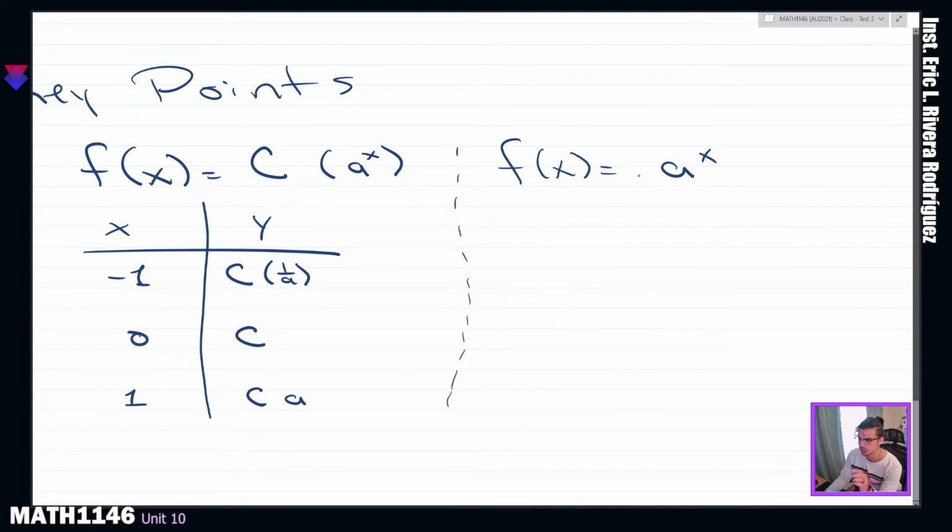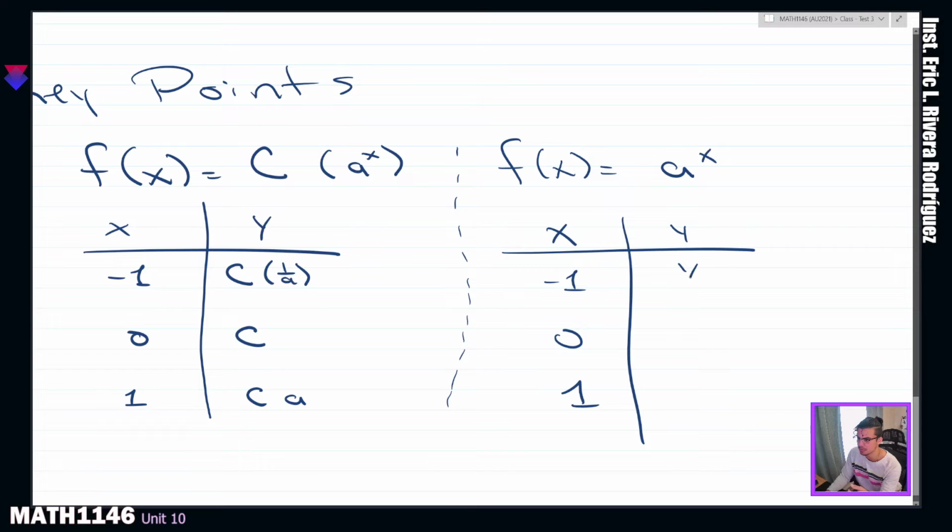Just f of x equal a raised to the power of x. That means that the value of c is 1. When we do that, we simplify the key points. So it will be 1 over a, 1, and a. You will see that when the exponent is negative, we use the reciprocal of the base.